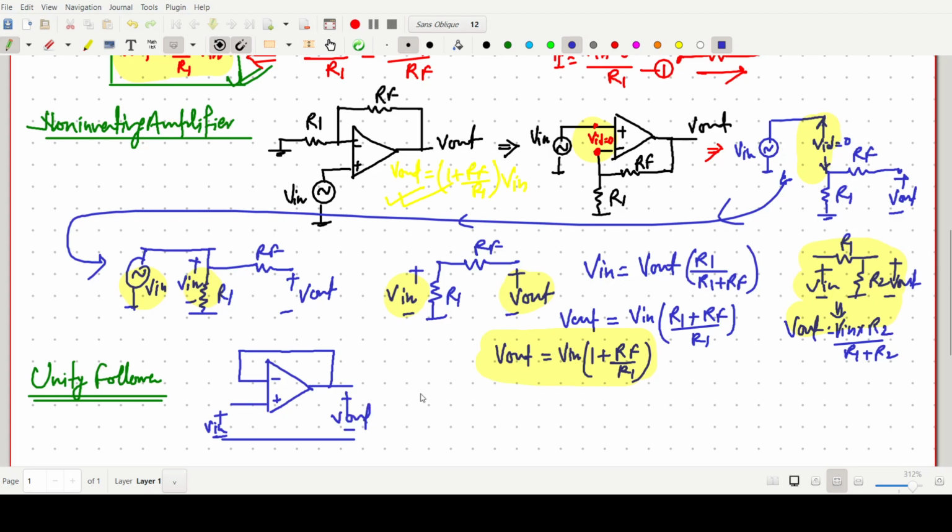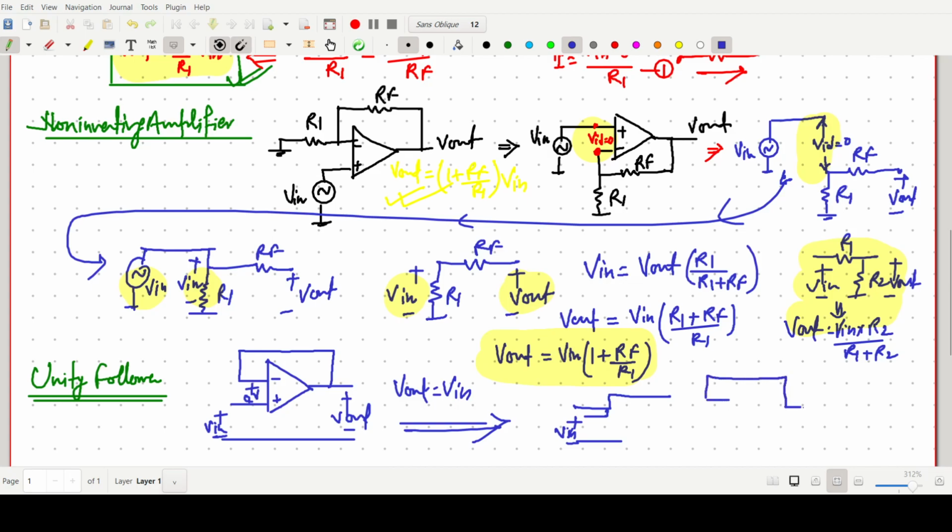So V output equals V in. How can we write this? Because this one is connected, and this value is more or less V in, because this value will be 0 volt. So this V in appears here.